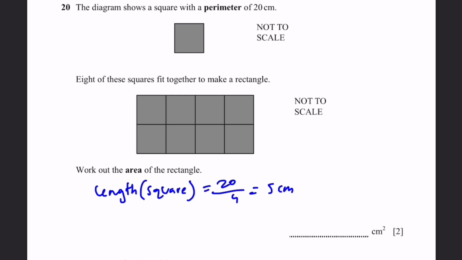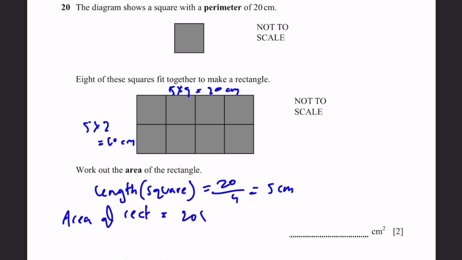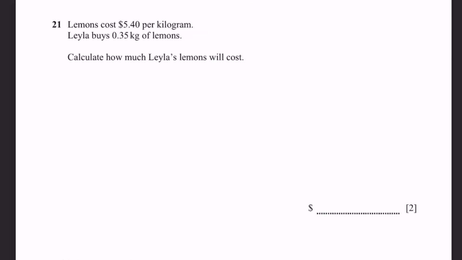Now the area of the rectangle will be length times breadth. So the length is 5 times 4, which is equal to 20 centimeters. Breadth is equal to 5 times 2, which is 10 centimeters. Now area of rectangle is equal to 20 times 10, which is equal to 200 centimeters squared. That's the answer.